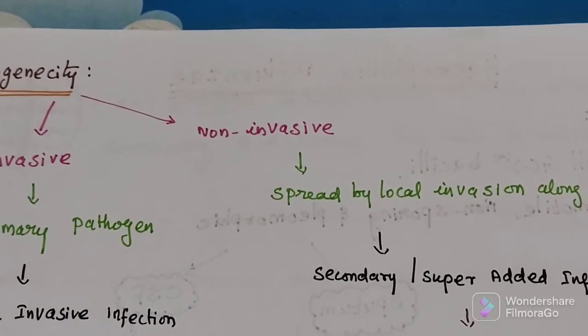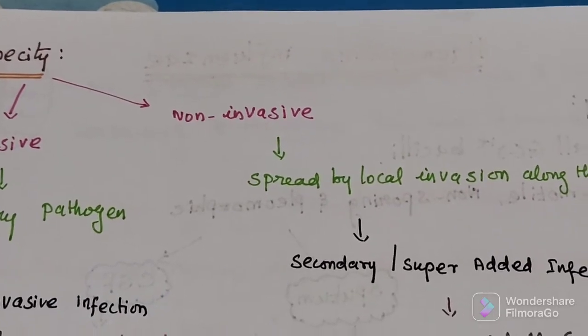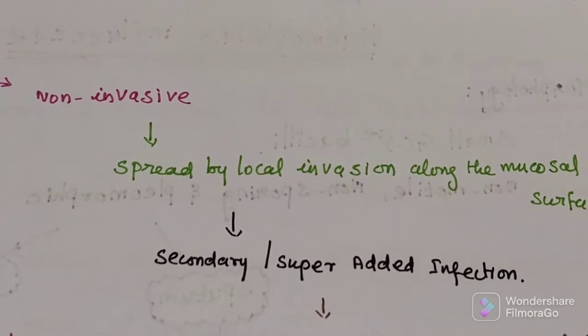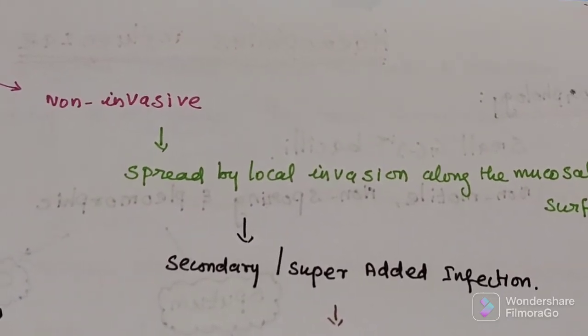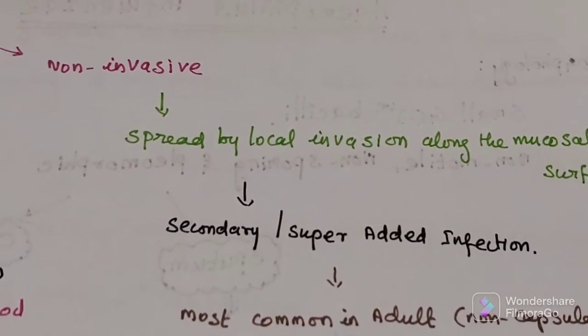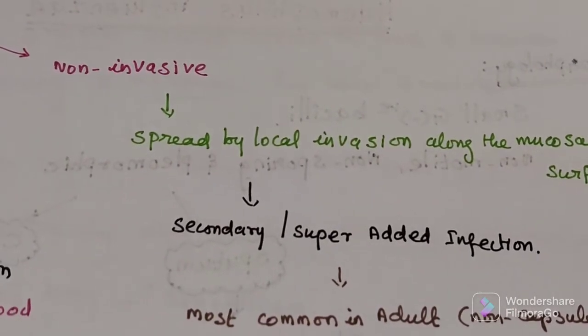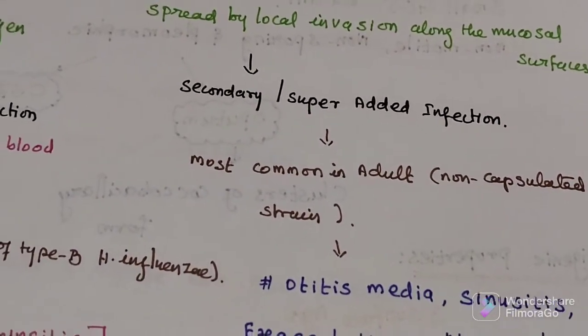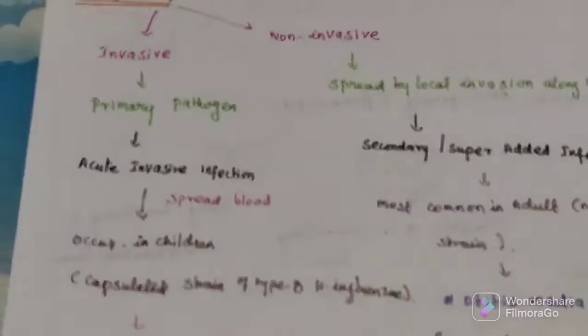The second is non-invasive, where the bacillus spreads by local invasion along the mucosal surface. This causes secondary or superadded infection, usually respiratory tract infection.